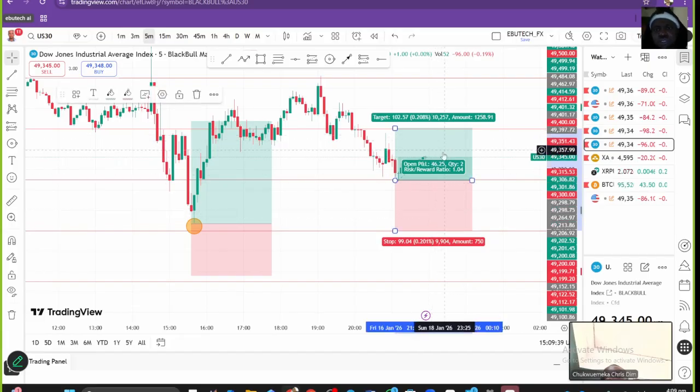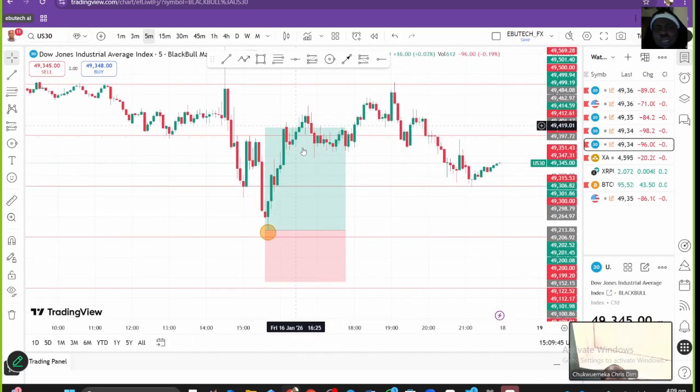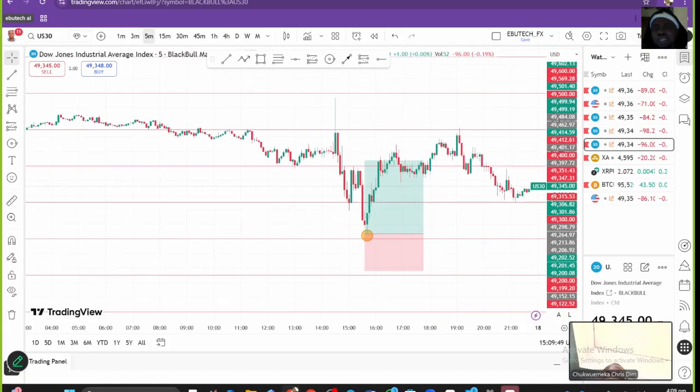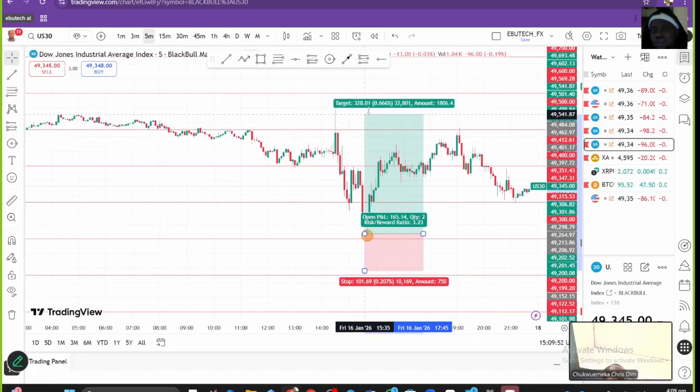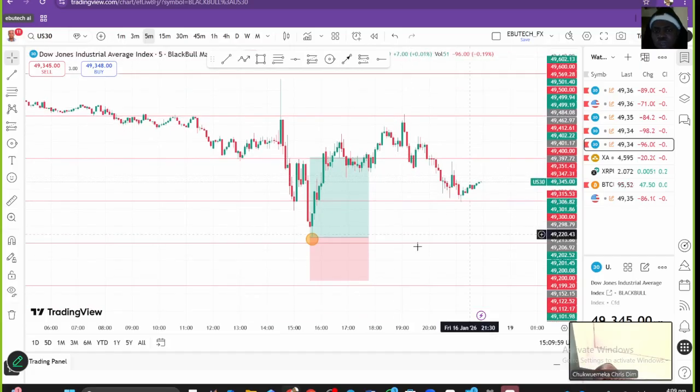So it's not really worth it. So I advise my students to always take trades that are 1:2. This is the minimum trade that you can take. You can take 1:3, 1:4, but the minimum you can take is 1:2.